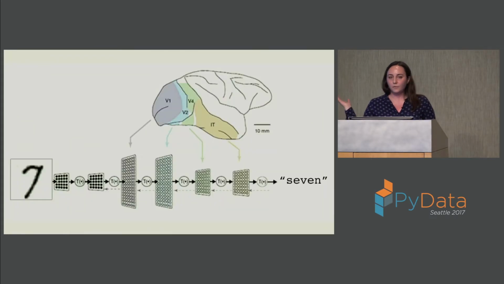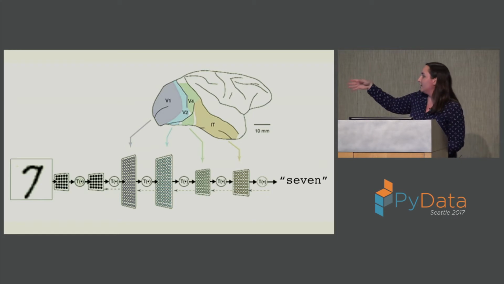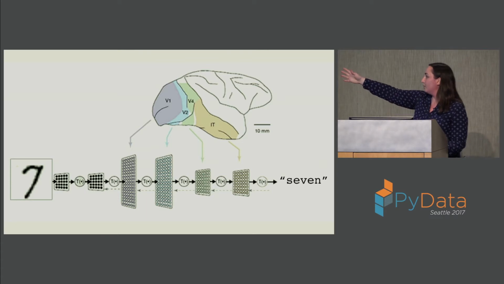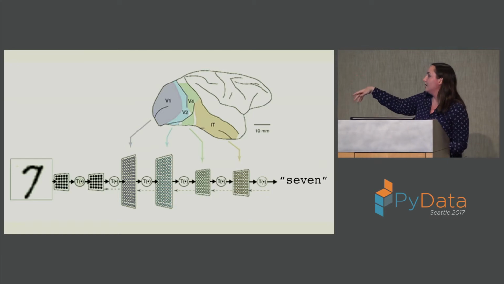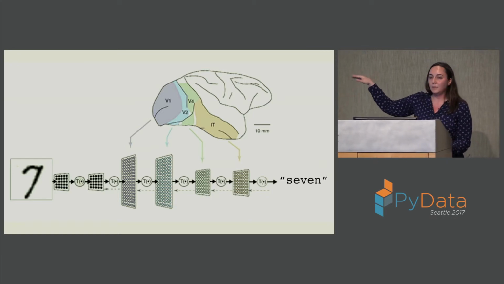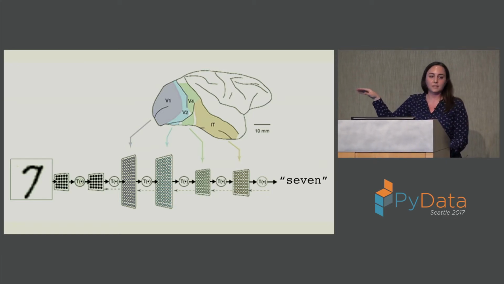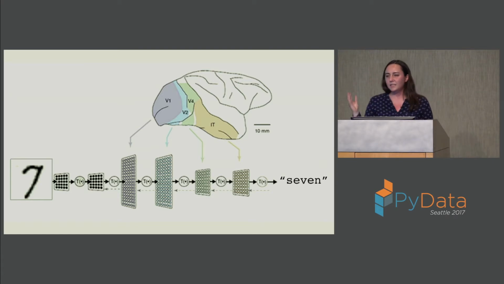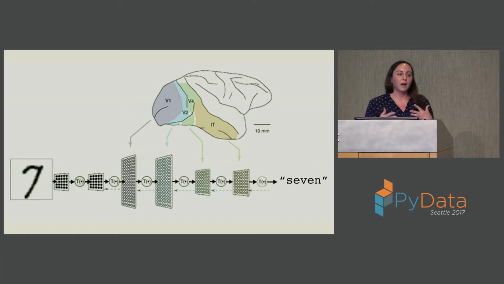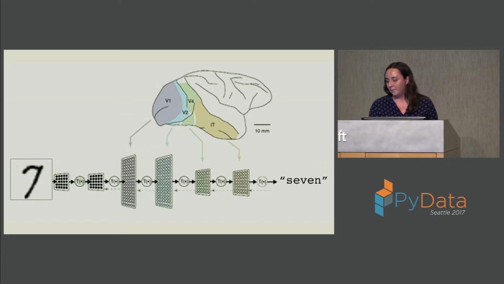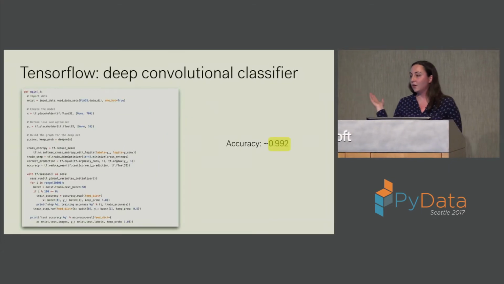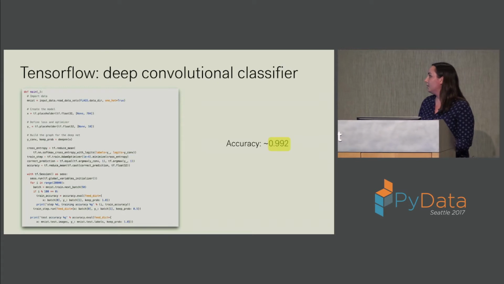The idea, for anyone who's not familiar with it, is that we have the numeral as an array of pixel values, and through successive layers of artificial neurons, features are automatically learned by the system that help predict the label. It's supposed to be a loose model for how we think some parts of the brain work.